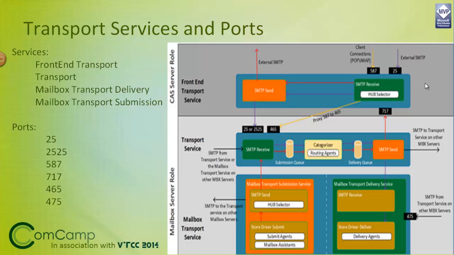The transport service manages the queue for all SMTP mail flow, performs message categorization, routing, address rewriting, message content inspection, journaling, rights management, transport agents, DLP rules, transport rules, IRM policies. So most of the things you can see, everything happens in the transport service here.